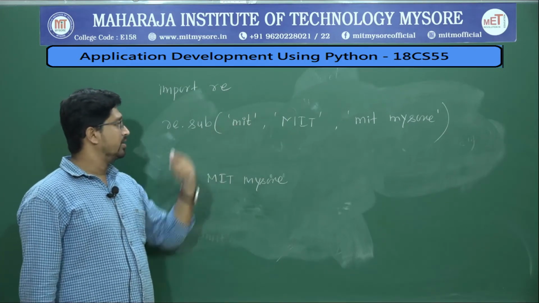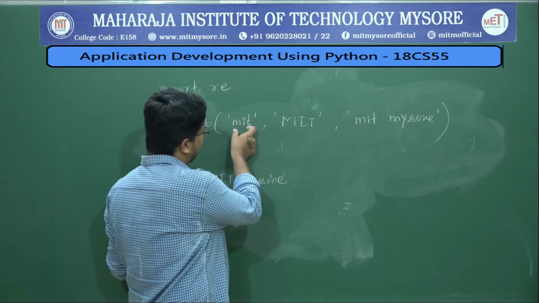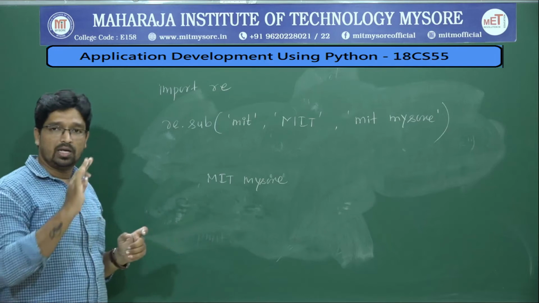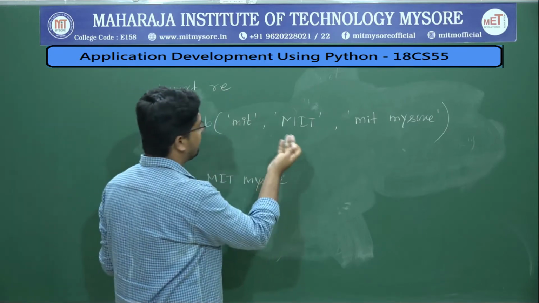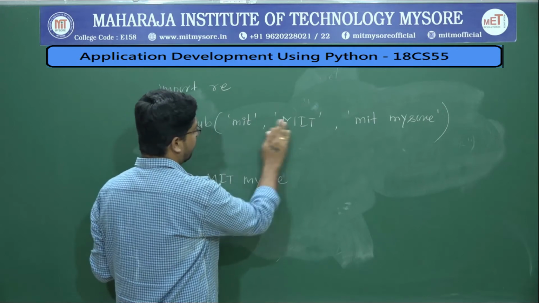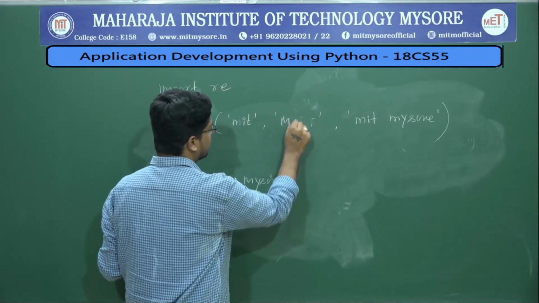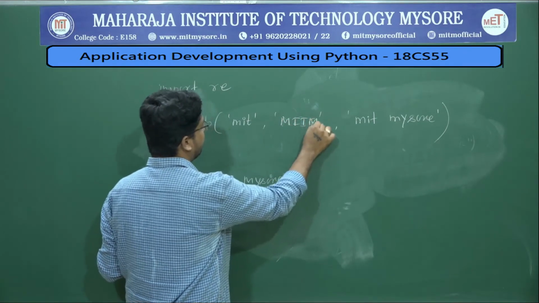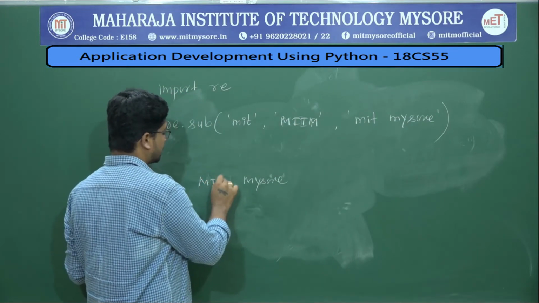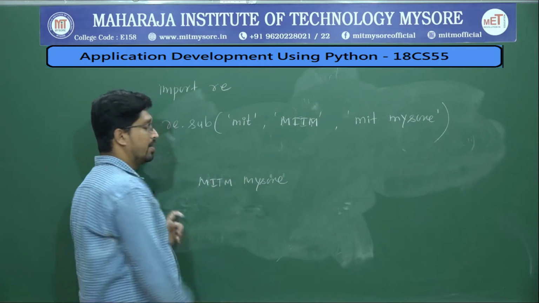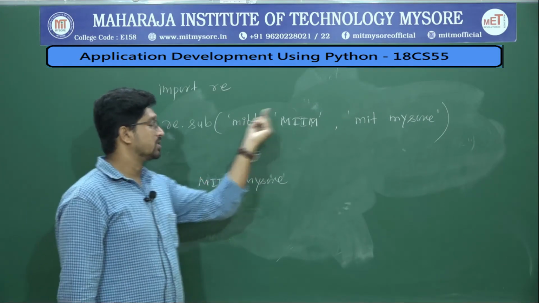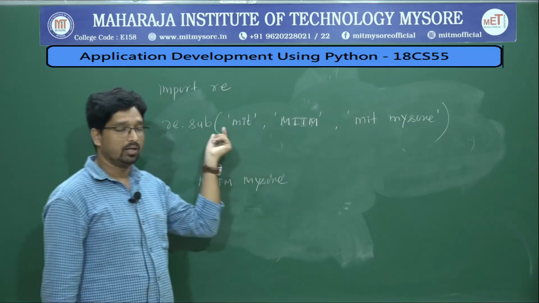Okay, and here there is no need to replace MIT with a string of the same length. You can replace with a different length also. Let us say I want to search for MIT, but I want to replace it with MITM. Then you will get MITM Mysore. So the pattern string should be written properly.